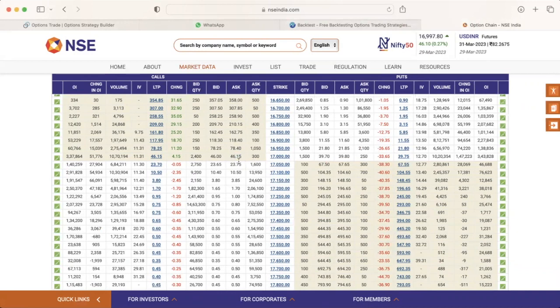So because now the premium we are not matching, what are we doing? We are just doing a shift. So if Nifty goes down, our call will be in profit, and 16,950 call option will be removed, and 16,900 will be added. Okay, so now we have a bigger range to play with.